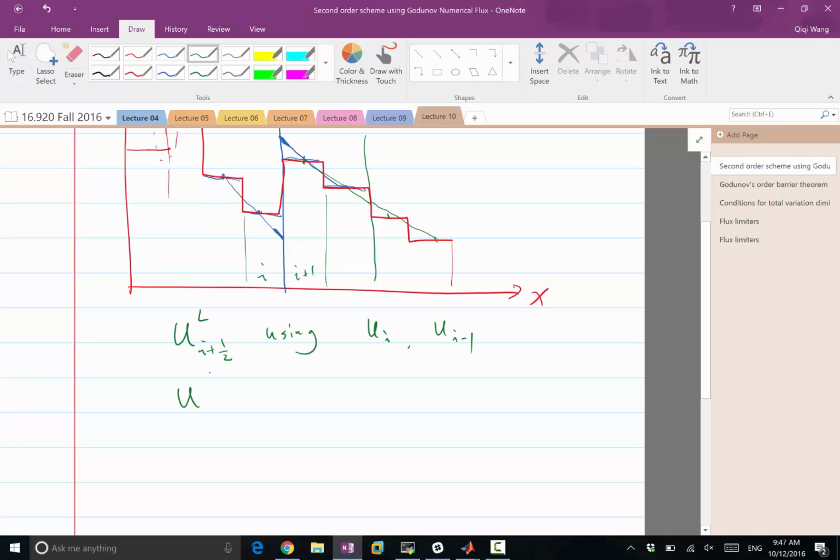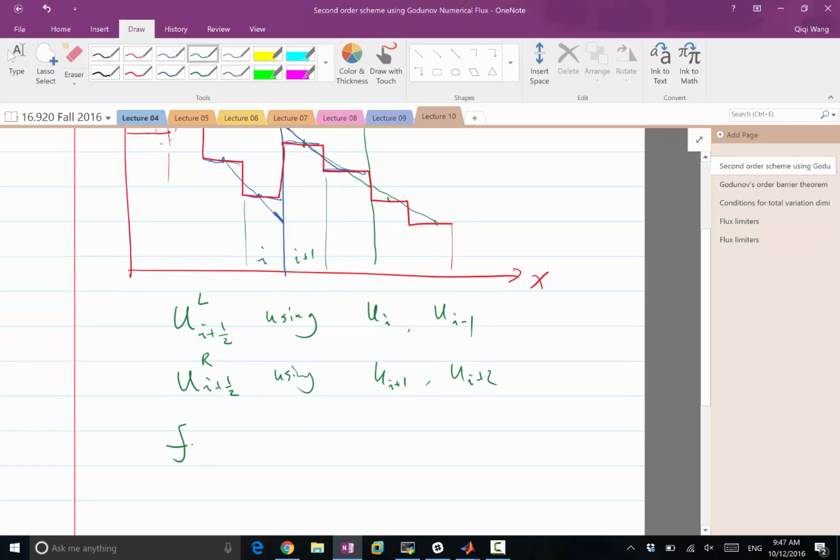We are going to reconstruct the solution at the same interface, but immediately towards the right of the interface, using Ui plus 1 and Ui plus 2.